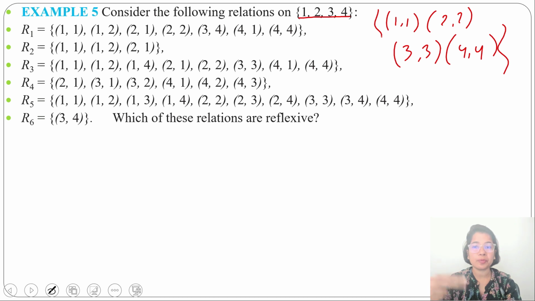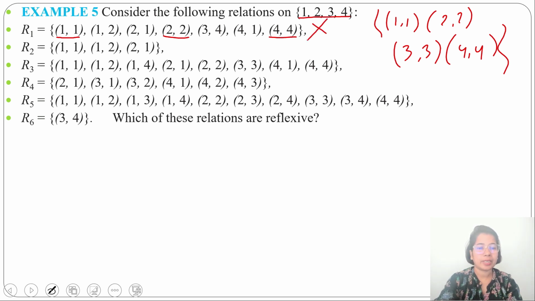And any superset of that will also be reflexive. Now check each relation whether it contains this diagonal relation or not. So R1 contains (1,1), (2,2), then (4,4). It doesn't contain (3,3), so this is not reflexive.